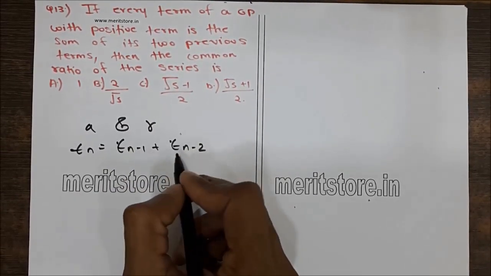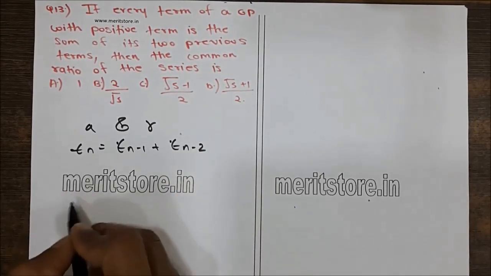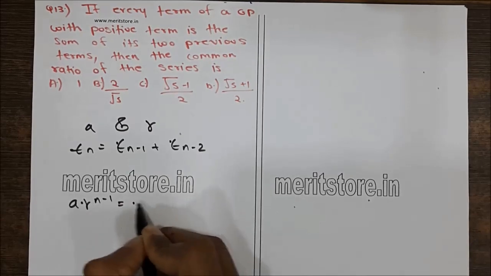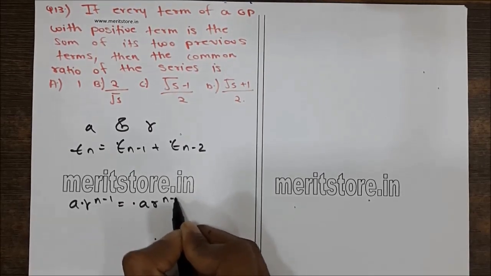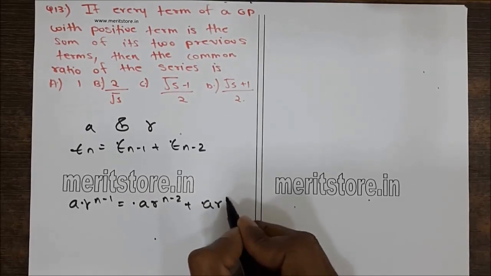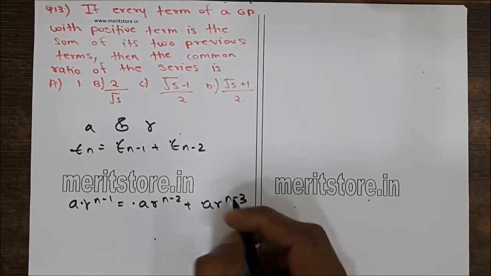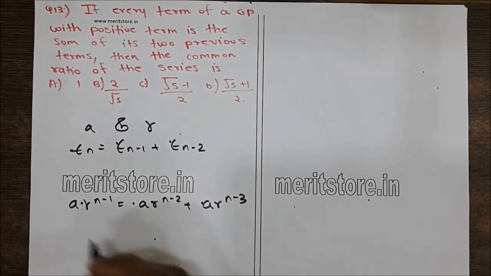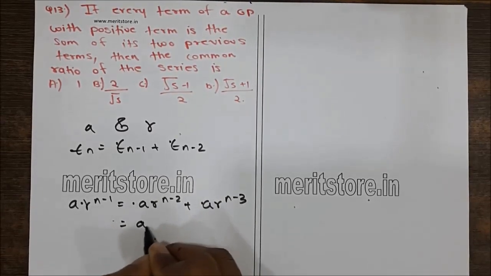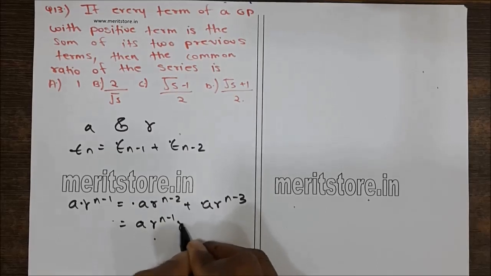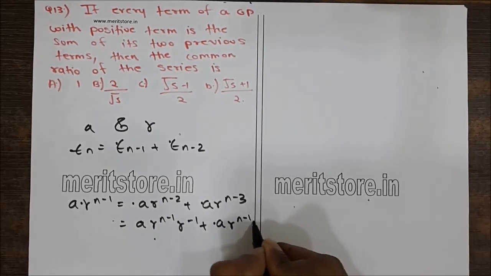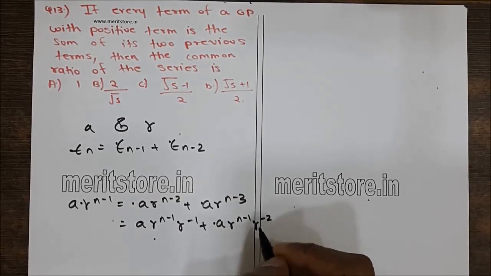So we substitute the value of the terms, that is a r raised to n minus 1 equal to a r raised to n minus 2 plus a r raised to n minus 3. Solving this further, we get a r n minus 1 equal to a r n minus 1 r raised to minus 1 plus a r n minus 1 r raised to minus 2.